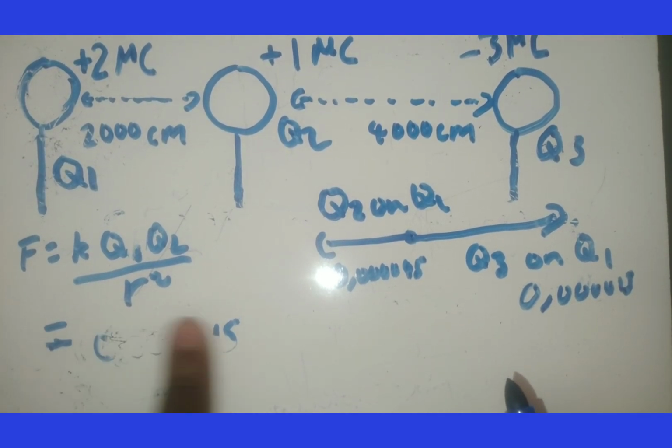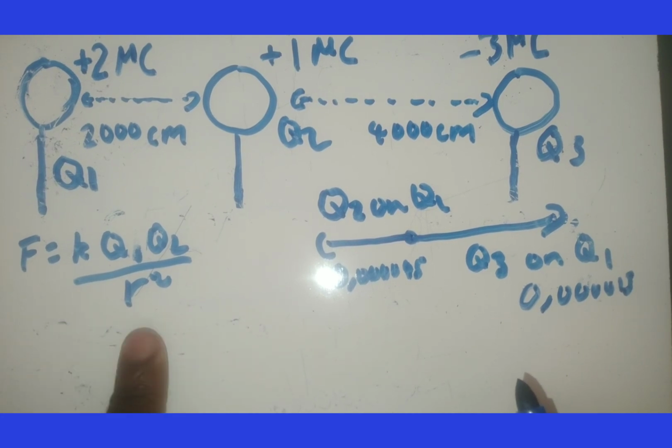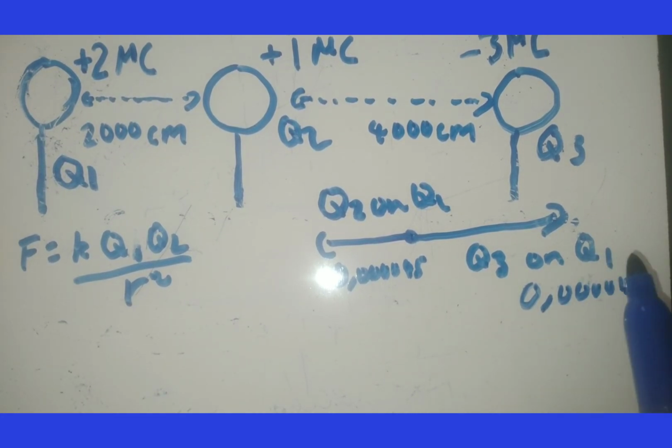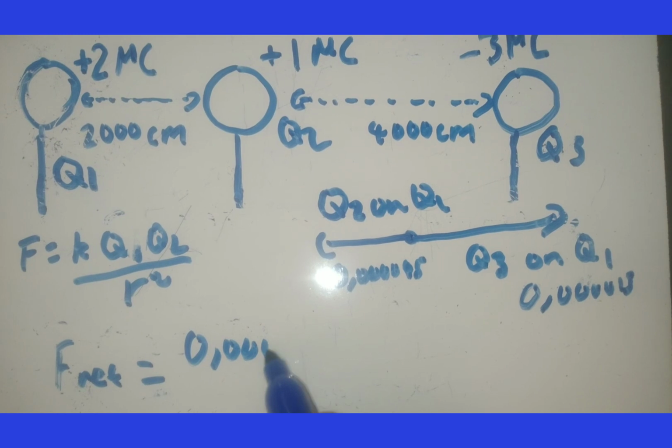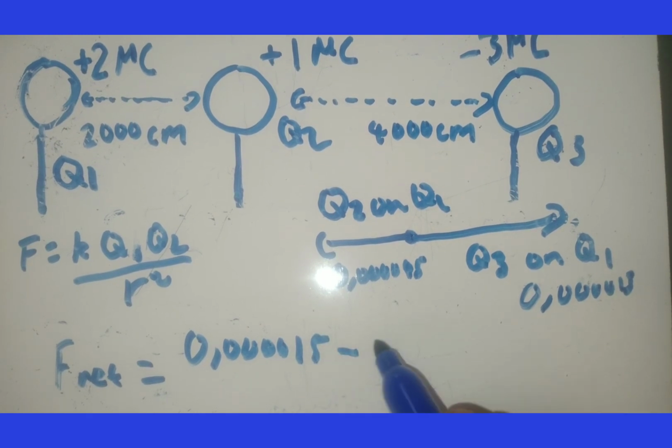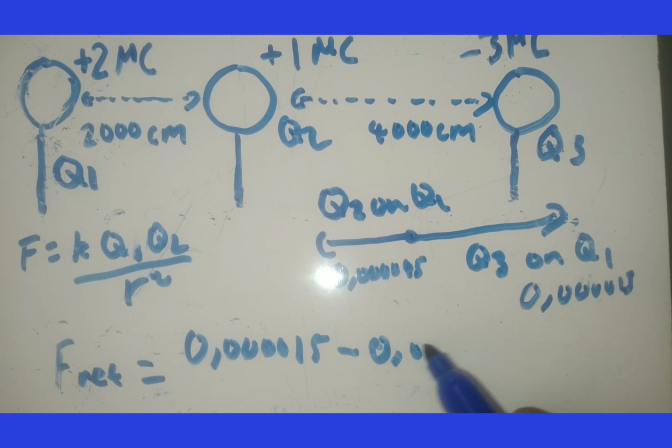So now we have to get the net. It's just like net force, right? So it's also a vector. Since we chose right as positive, our left is going to be negative. So to get the net electrostatic force, we're going to say it's 0.000015 minus, you can also put this in scientific notation, 0.000045, which should be equal to 0.00003.